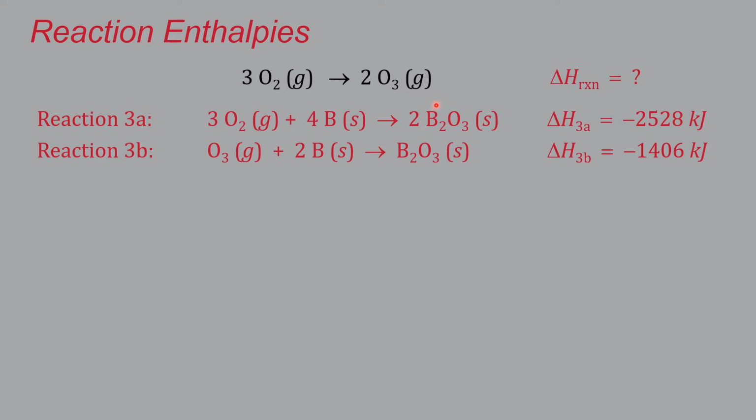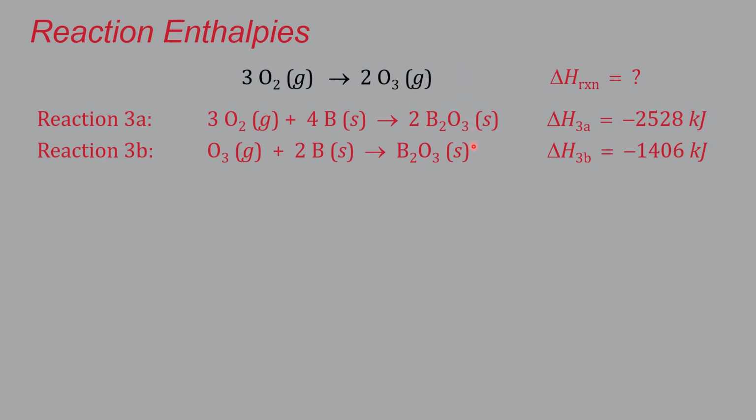And reaction 3B, which is the reaction of ozone with boron to also form boron trioxide. If you have this information, you can determine a roundabout way of running this reaction.